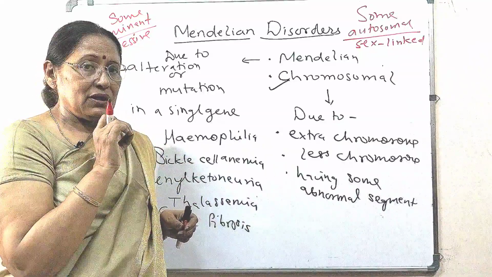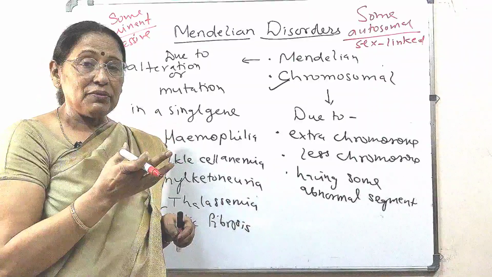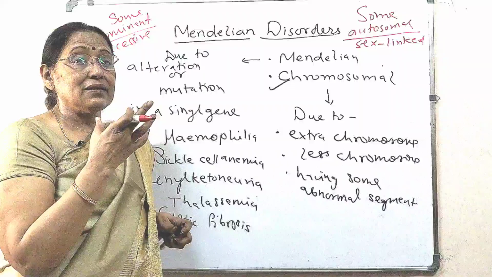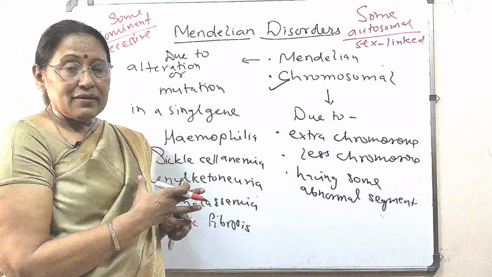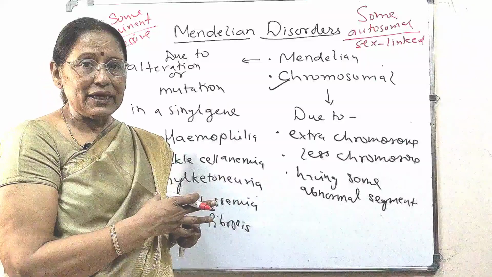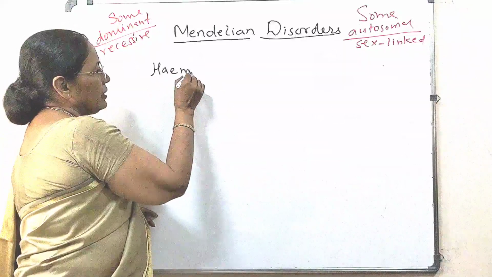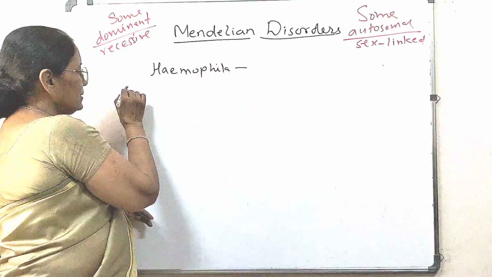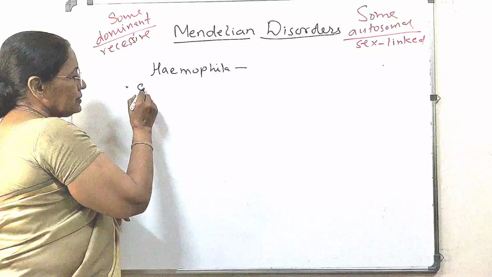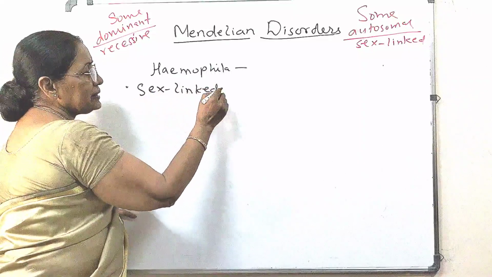You have to remember all these points, whether it is for your MCQs, whether it is dominant or recessive, and what is the reason for this disorder. Fine. So let us start with Haemophilia. The first point is Haemophilia is a sex-linked recessive disease.